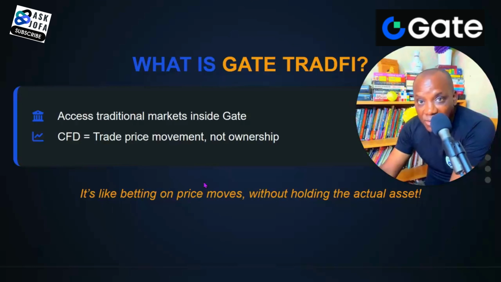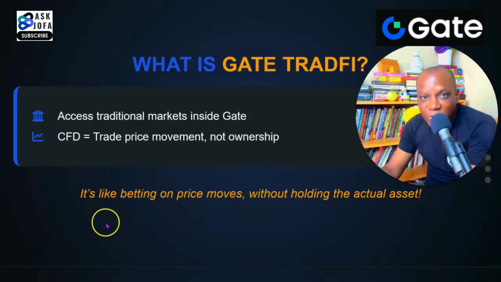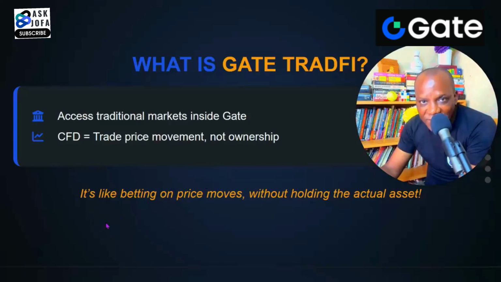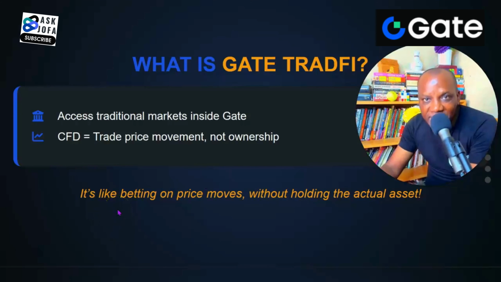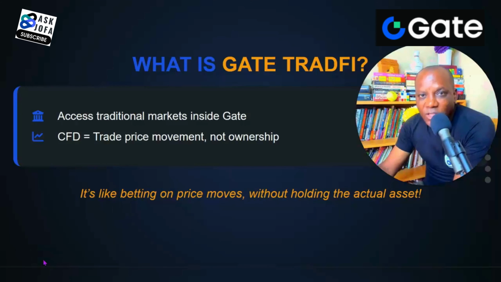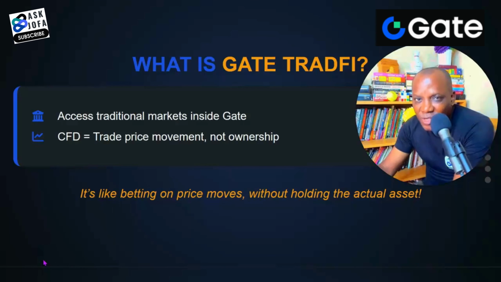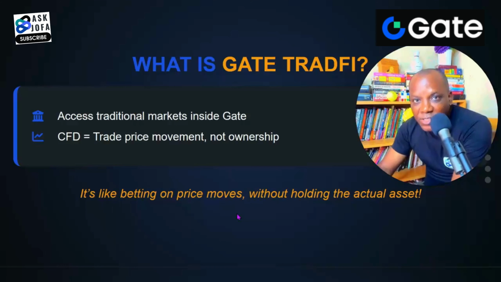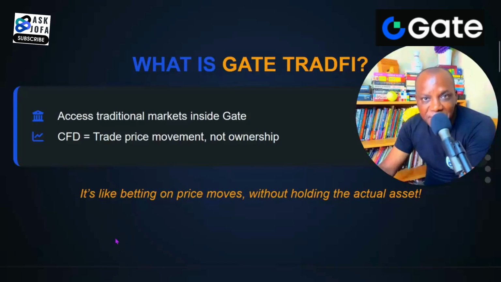But if it drops, you are going to lose money. You don't hold the naira itself. You are only trading the price movement. So you are not holding the actual asset. That is all what CFD, that is contract for difference, is all about. Because you don't hold anything, this is pure speculation and it is not investment. You only trade price movement and not ownership.